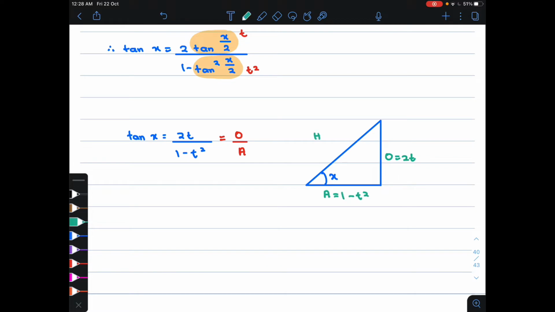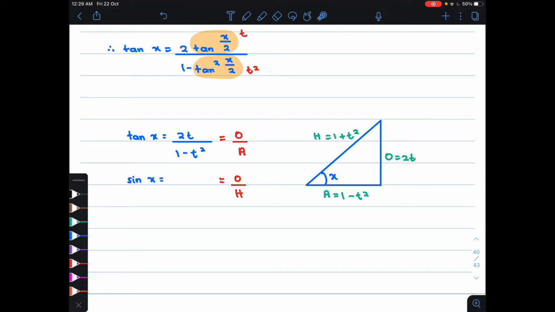And to find h, you will need to apply A square plus O square equal to h square, and then you'll find the answer. But there's no need for you to do that by yourself, just memorize h, which is 1 plus t squared. So now using O, A, and h, you can find what is sin x and cos x.